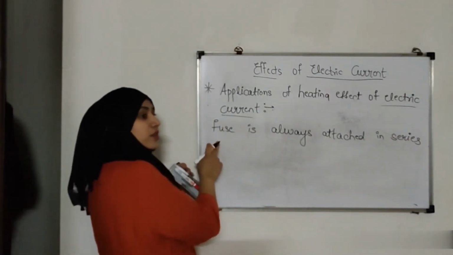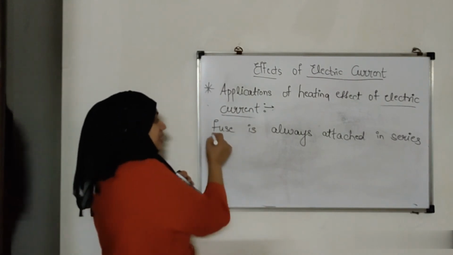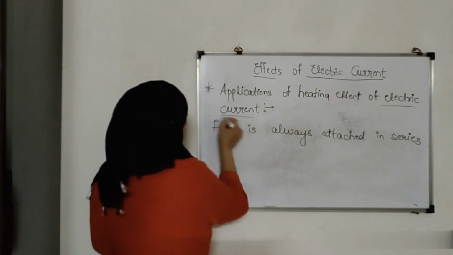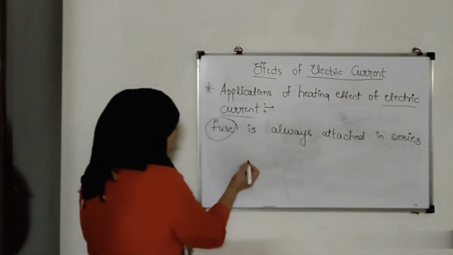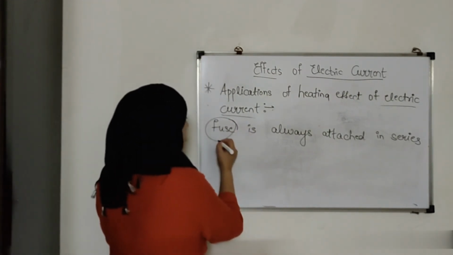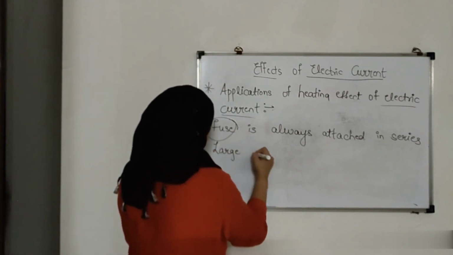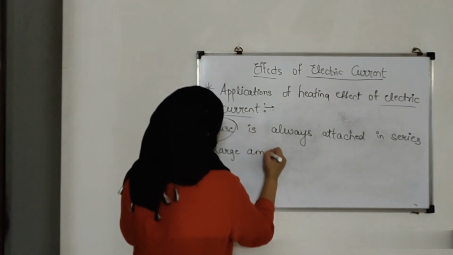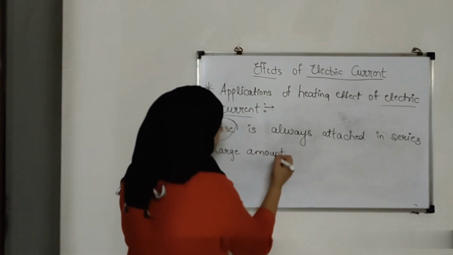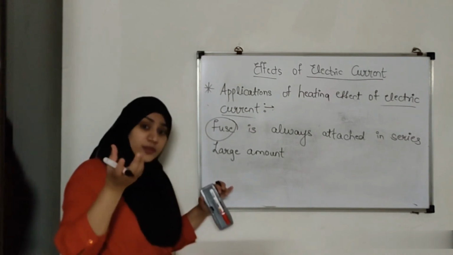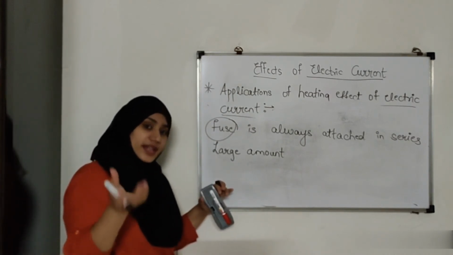Now why do we attach the fuse in series with the electric appliance? Okay, see what the fuse does. It stops a large amount of current from flowing through the appliance. So it basically protects the appliance from getting damaged.